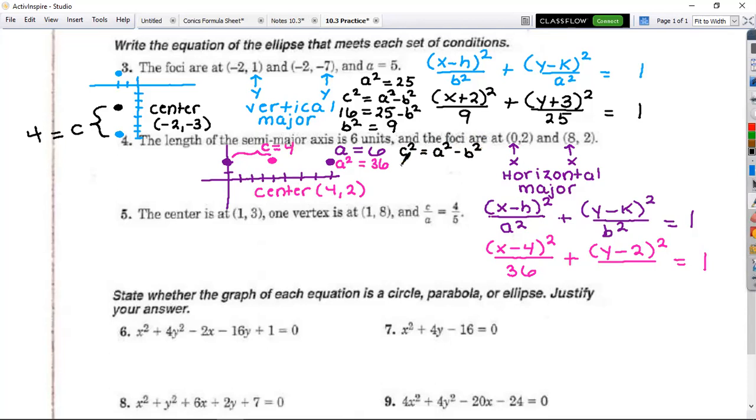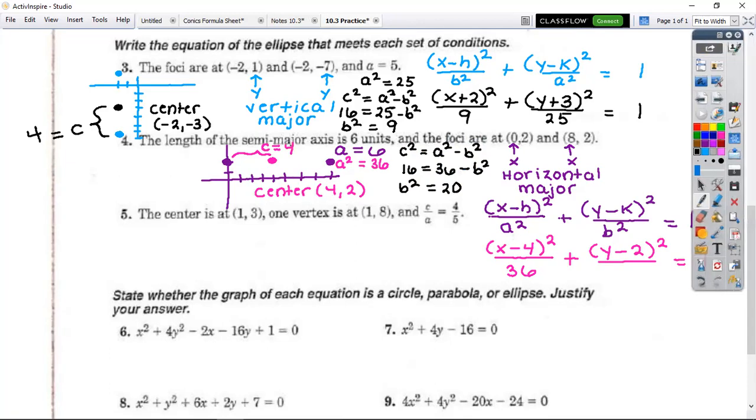So c squared was 16. a squared is 36. And I'm just asking myself, basically, 36 minus what number gives me 16? So b squared is just 20. And that's it. So the 20 goes right there and you are done. So over 20.